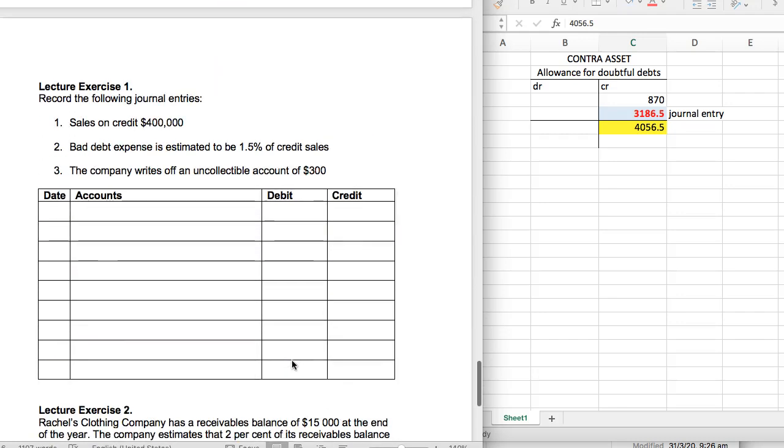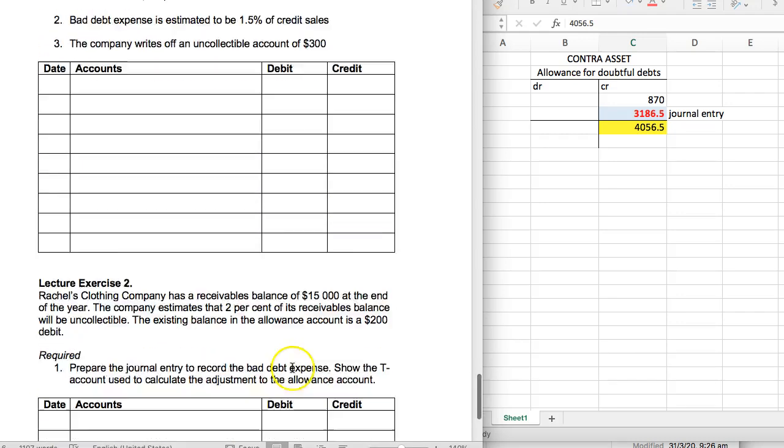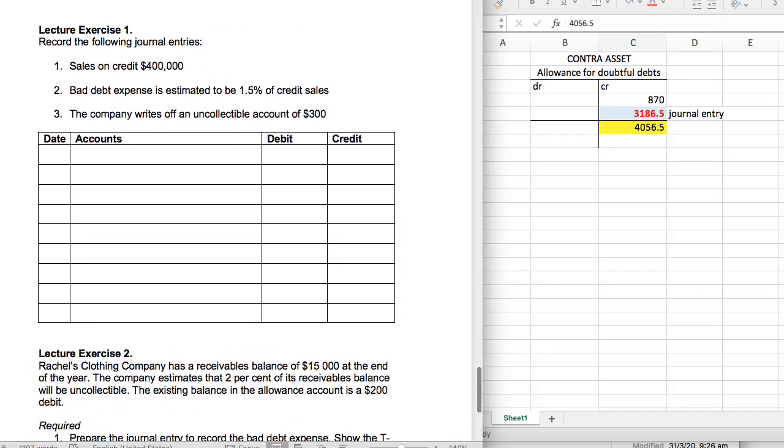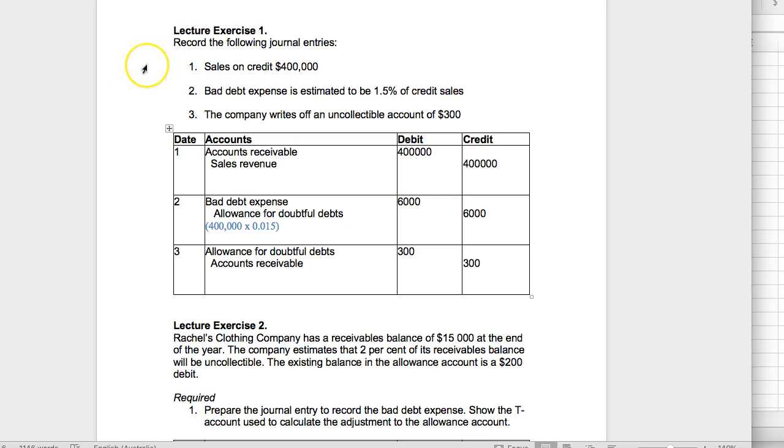Here are some lecture exercises. I'd like you to stop the video and please complete all of those lecture exercises. So in the first lecture exercise, we have sales on credit. Then question 2 is to record the journal entry for the bad debt expense. 1.5% of credit sales, so use the 4,000 up here.